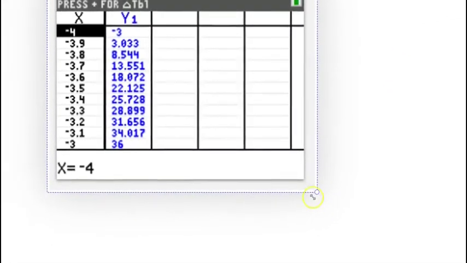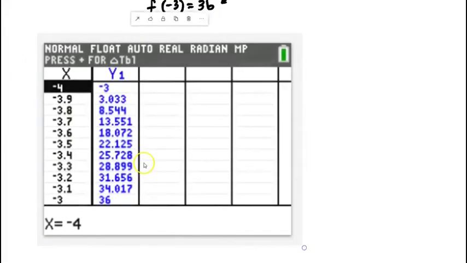So here's our screenshot. And once again, I want to use the intermediate value theorem. The intermediate value theorem says that when we have a change in the signs, we can identify that the 0 is between those two values. So we're looking at the y values here, and you see that there is a change of signs from -4 to -3.9.